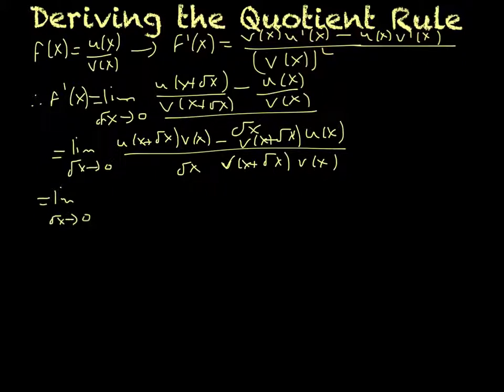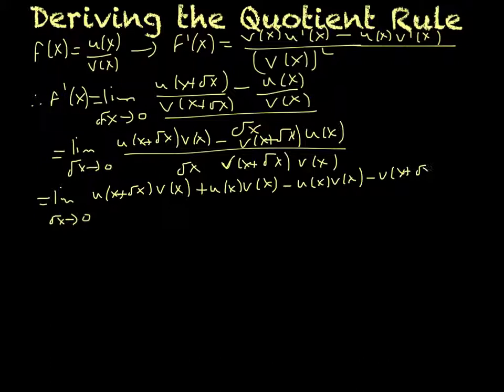If we remember what we did in the product rule proof, we added something and then we took it away again, so nothing comes for free. So what I'm going to do is add this u of x v of x, and then take it away again. So I don't change what I started with, but it's a helpful little trick to make it look like what I want it to look like.